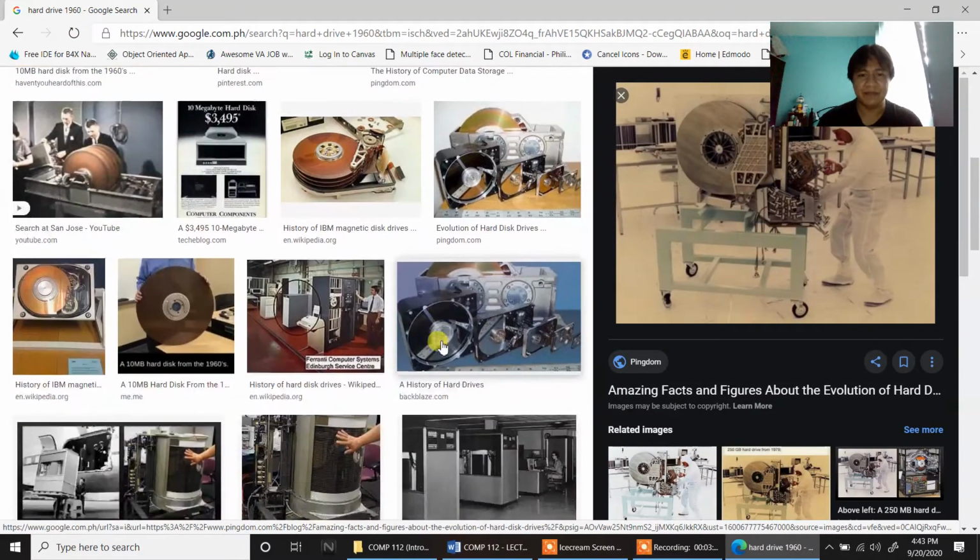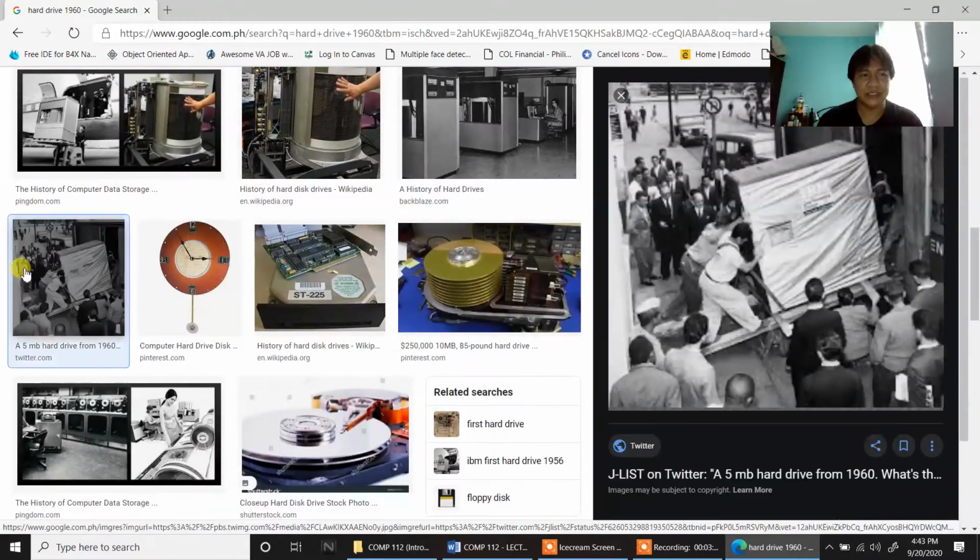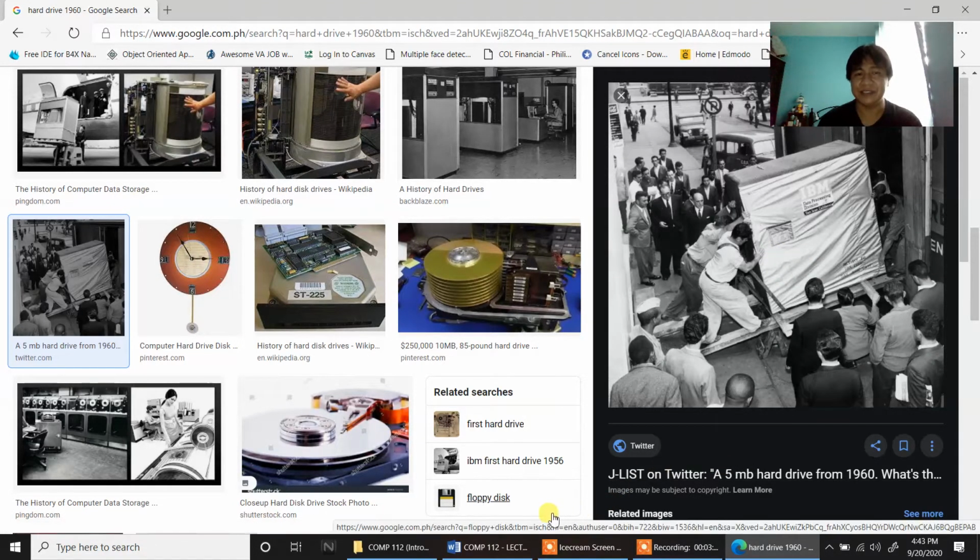At the same time, if you look at the year, the hard drive would be carried by how many people on this picture. Now just imagine the hard drive that we are using right now than before. That's the far difference right now.